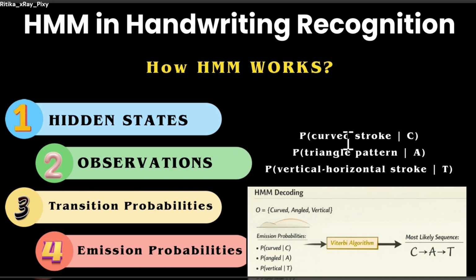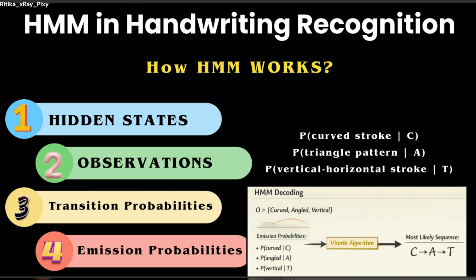This tells us the probability of a motion pattern given a letter. So this tells us the probability that the curved stroke is letter C, the probability that the triangle pattern is letter A, and the probability that the vertical and horizontal stroke is letter T. It measures how likely a stroke pattern belongs to a particular letter.